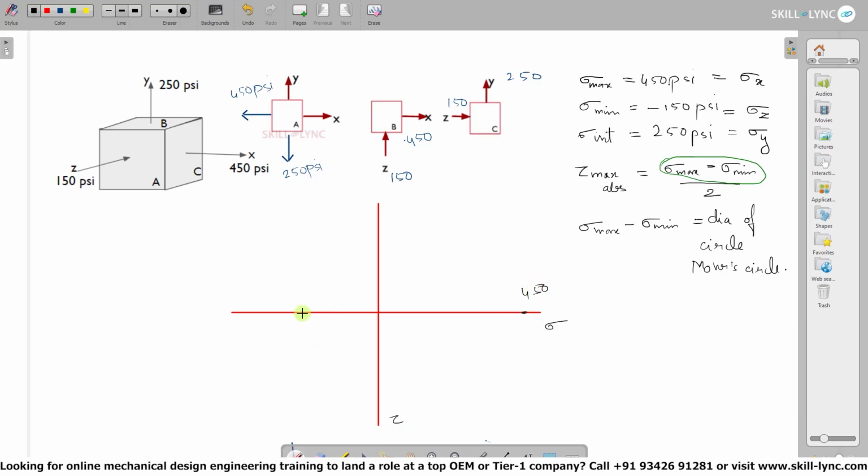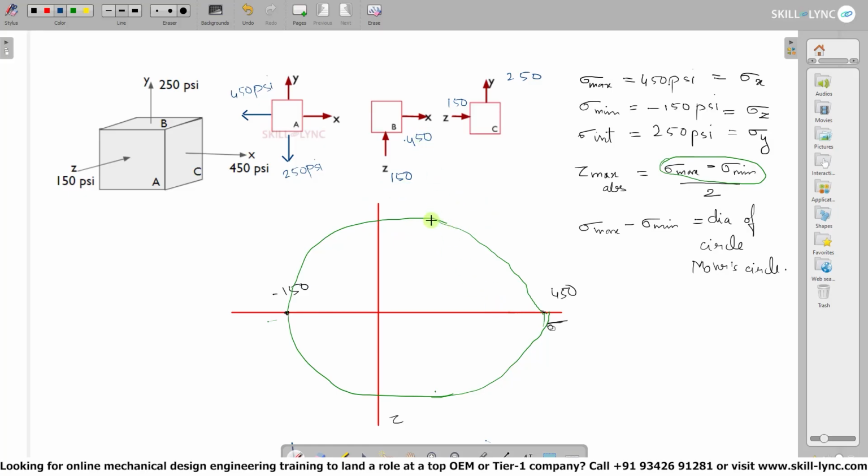And next we'll plot the minimum point, the sigma minimum, and that will be minus 150. And as for the circle, this is our bigger circle. Now the circle which we have plotted here is for the zx plane. So the zx plane will have the biggest circle where we have minus 150 and 450 as our stress values.